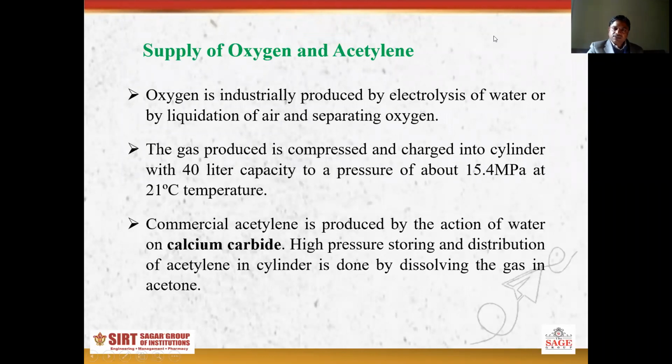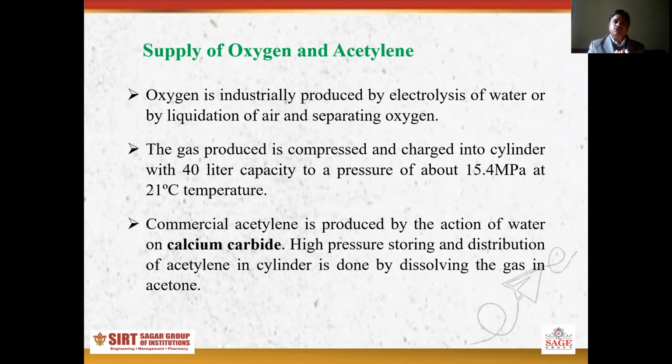So in the last slide we discussed the different types of gases used for the welding purpose, in which acetylene is widely used. Now we will discuss the supply of acetylene and oxygen gases.